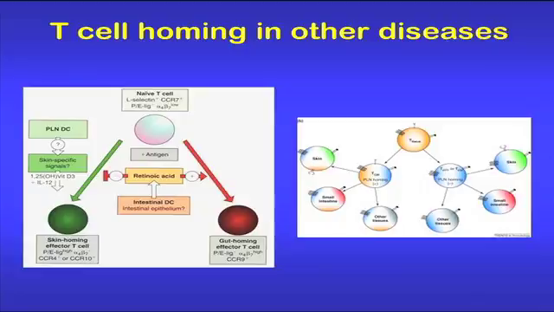Alternatively, on the left-hand side of the slide, you see that in green, this is a peripheral lymph node dendritic cell, and it has presented antigen in a skin-specific lymph node. And that lymph node is going to be full of dihydroxy vitamin D. Remember, vitamin D is in part converted to its active form in the skin through the action of UVB light.